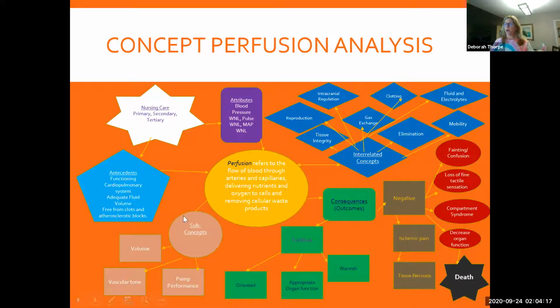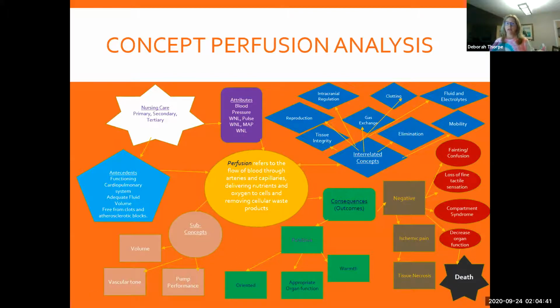Now consequences, where did I put that? Over here, this is, or outcomes is another way to think about it. These are untoward events or outcomes that occur due to a malfunction in the concept. So you can have positive outcomes, right?